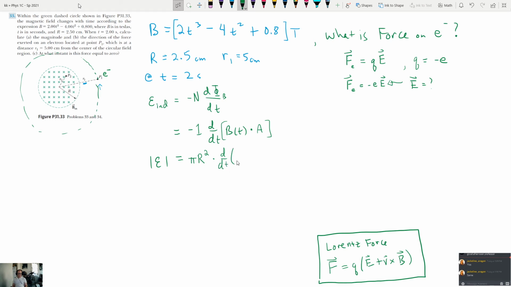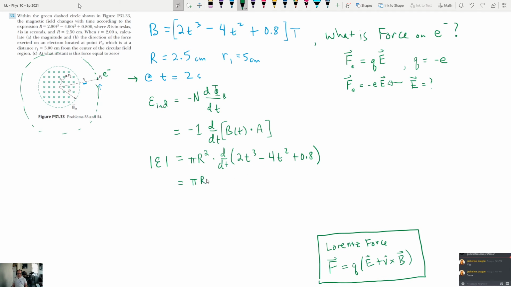of our magnetic field function, which is given right up there at the top, 2t cubed minus 4t squared plus 0.8. Now we know we're going to be finding this at t equal to 2 seconds, but we can't plug in t yet. We got to take the derivative first, right? I guess it's okay to plug in r since we have all the... Yeah, let's wait.